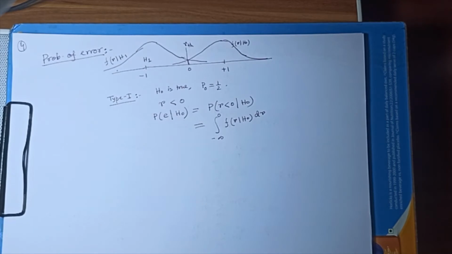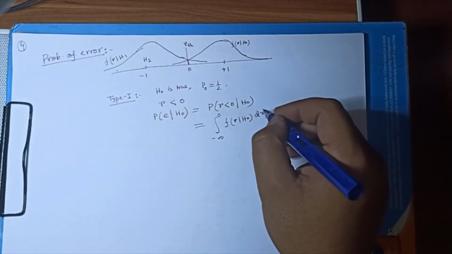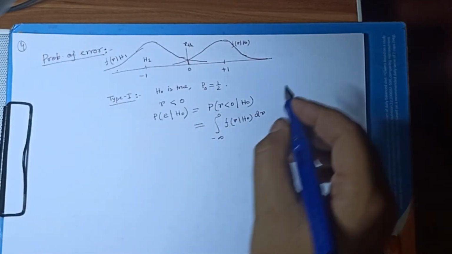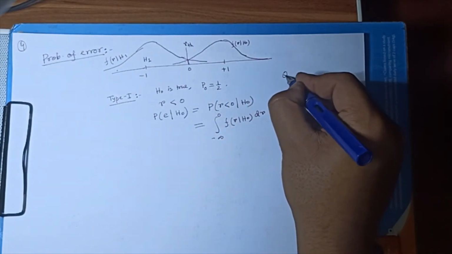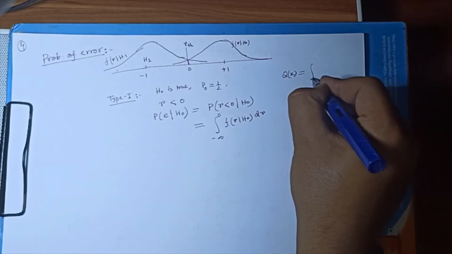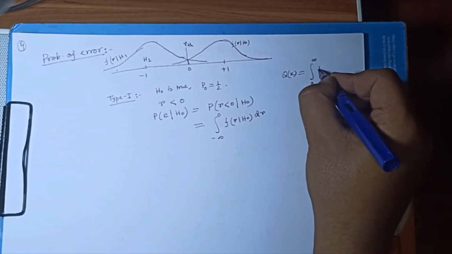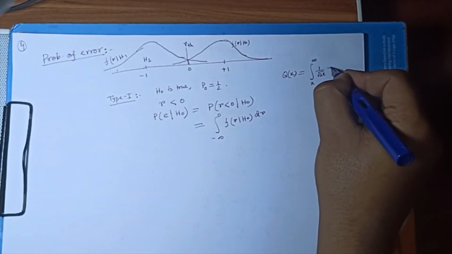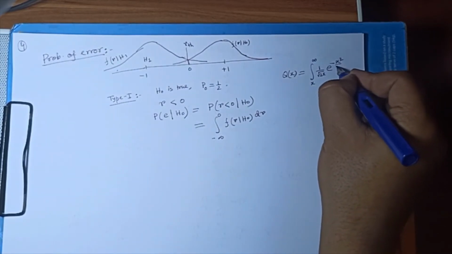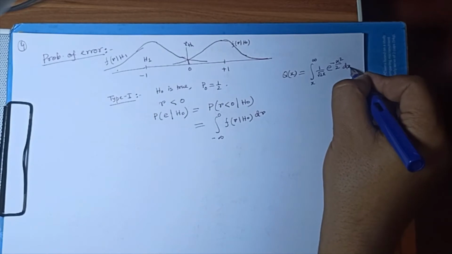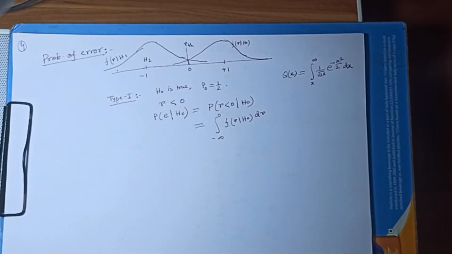If you know about Gaussian kernels, you know about the Q function, right? The Q function says that Q(x) is basically this probability, x to infinity, of the standard normal, 1 by root 2 pi e to the power minus x square by 2 dx. This is called Q(x). So using Q(x) you can compute the error probability.